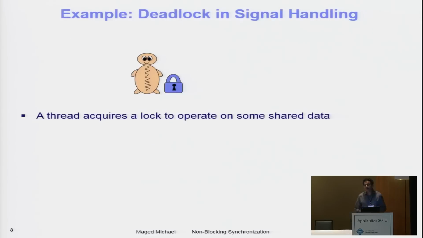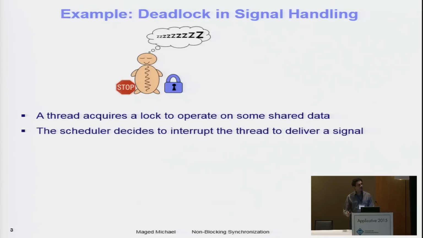So I'll start with an example for a signal handler case. You have a thread that acquires a lock to operate on some shared data.